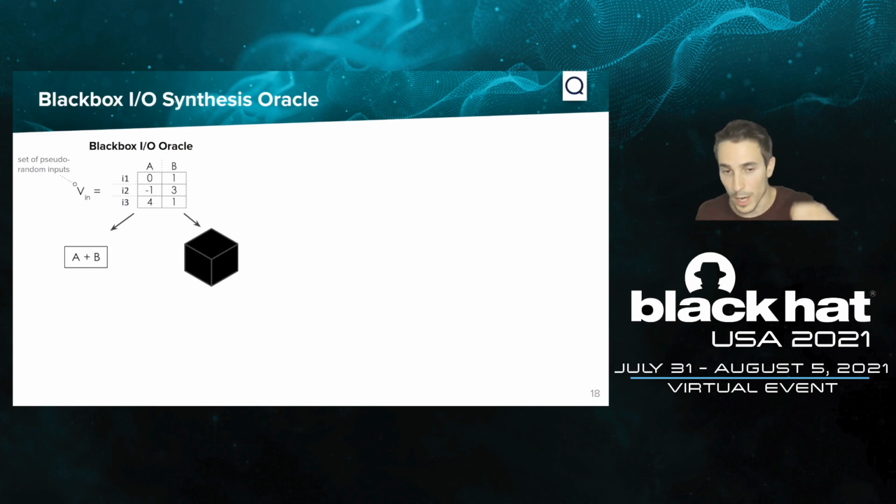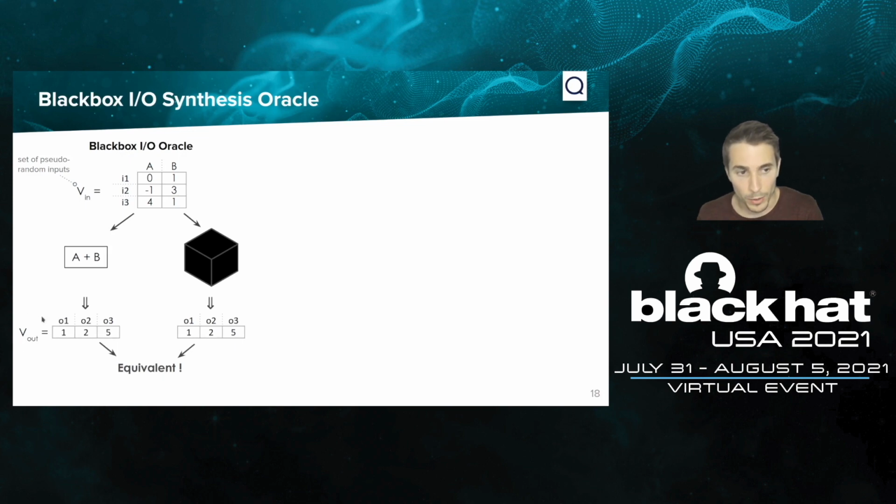You're going to evaluate the expressions with those inputs, and then you obtain an output vector. And if at some point the values are all the same, what you can deduce is that the black box here is indeed doing an A plus B operation. So that's the basic idea behind black box input-output synthesis.